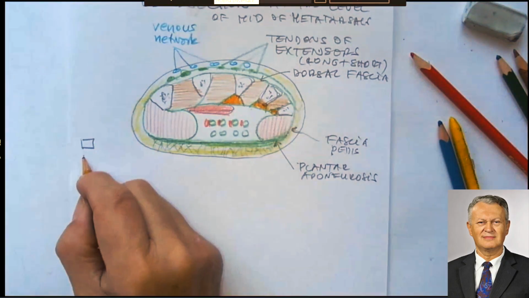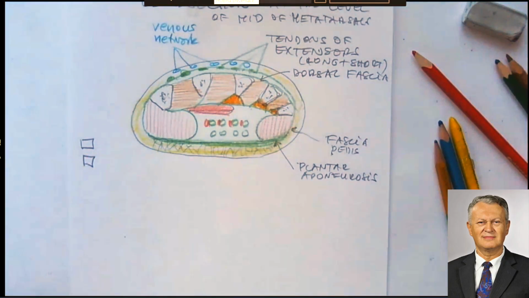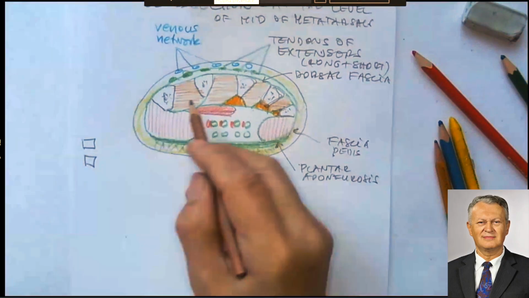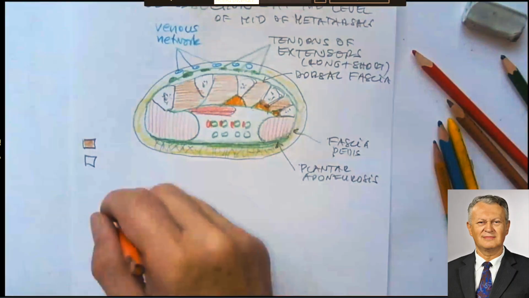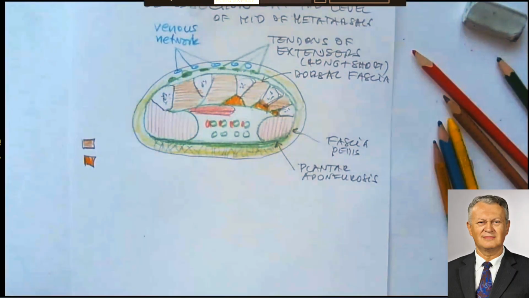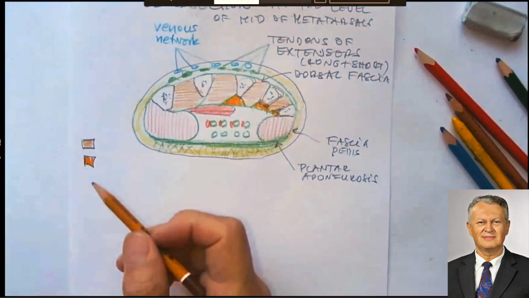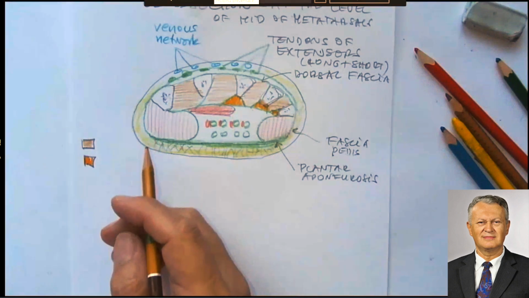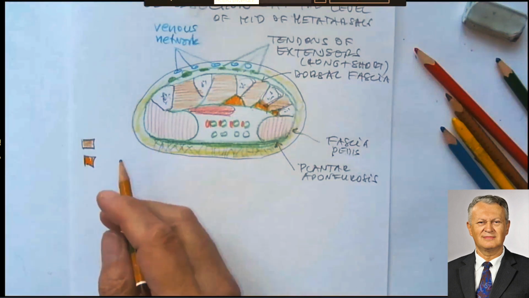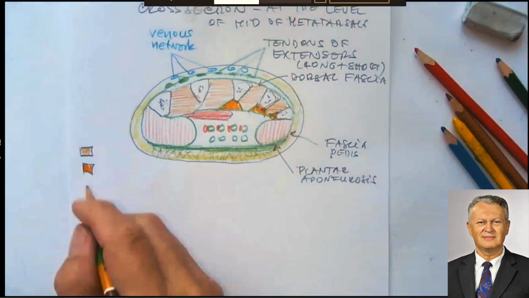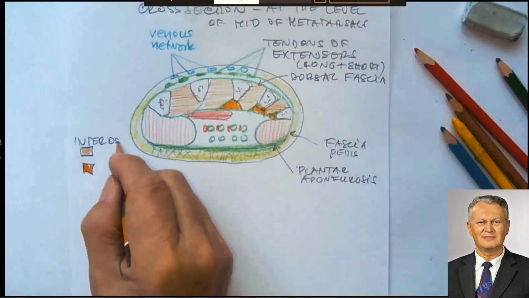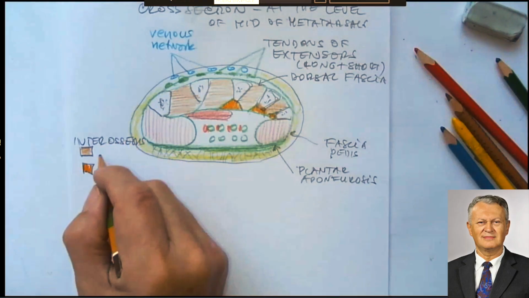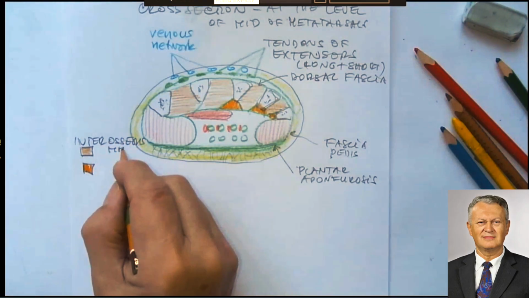Here on the left side, I will color two boxes, one in the same color, the second one also the orange. We call it interosseous muscles.